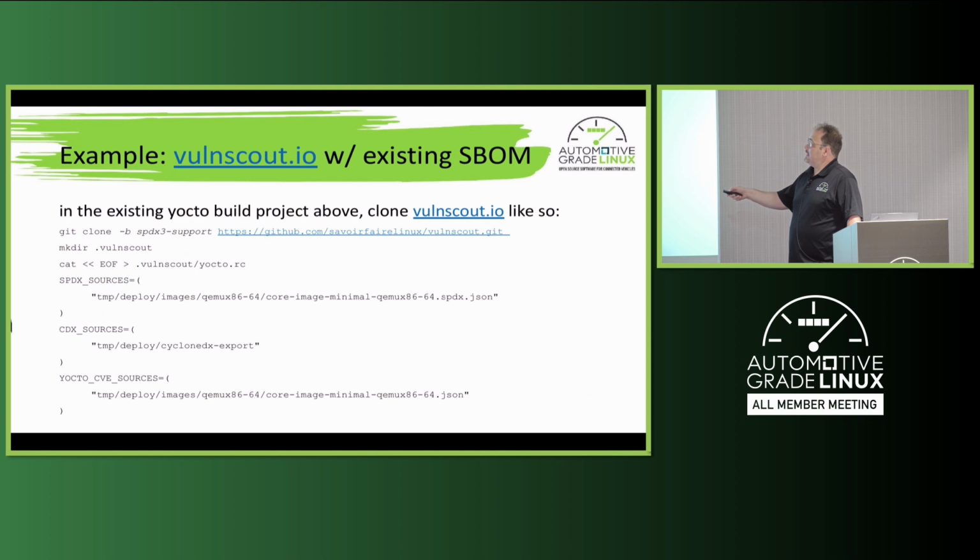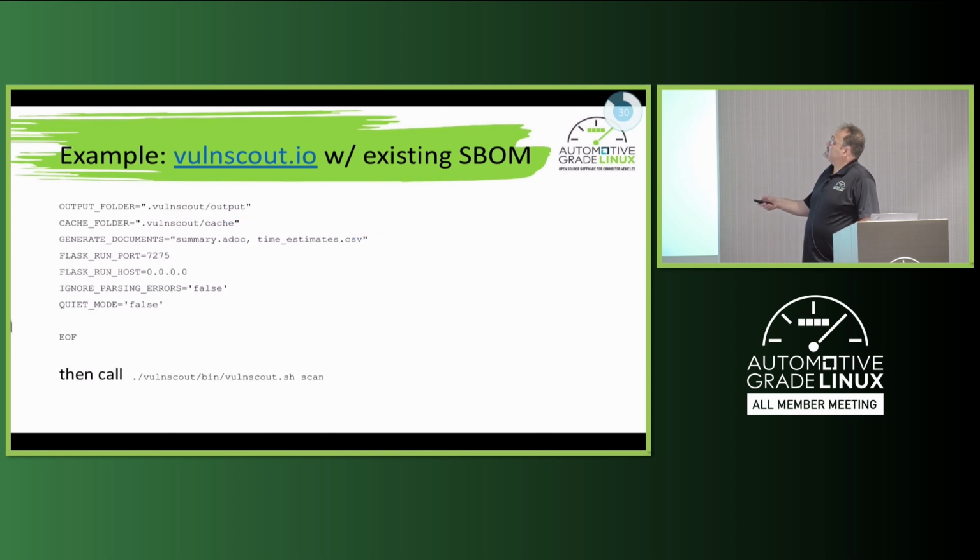I gave you a quick intro here. It is using a Docker container in the end. So this is the config file. It points to the JSON, right? So this is the JSON, and this is the CVE, which is essentially the same. And then you call that thing.